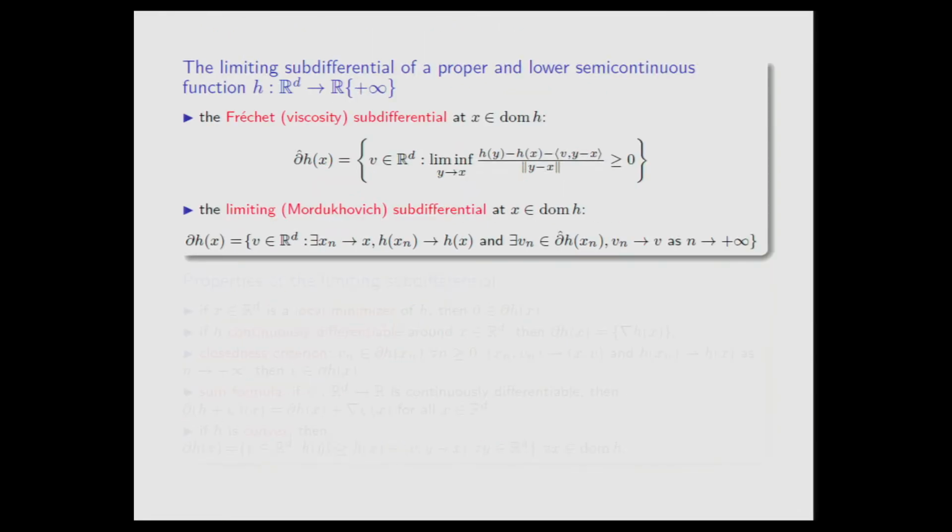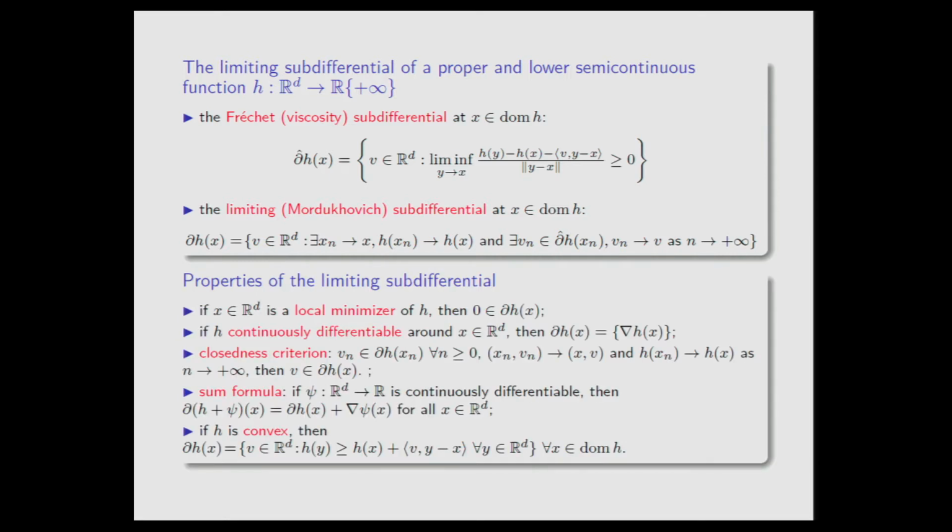So let me recall that. This differential was introduced as a limiting differential of the Fréchet one. There is calculus: what you know is that a local minimizer is a zero of this object. If the function h is C1, then the differential contains only the gradient. We have a closedness criterion.